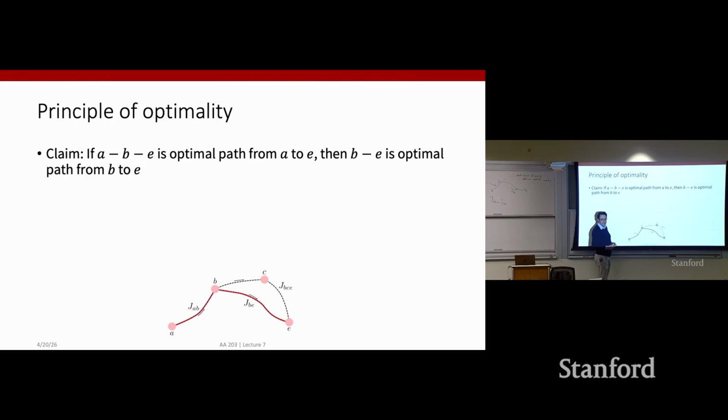But let's prove it. What I'm saying is that if A to B and then B to E along the red highlighted path is indeed the optimal path to go from A to E, then the tail of this path, meaning the path that starts at B and brings us to E, is optimal for the problem when started at B.